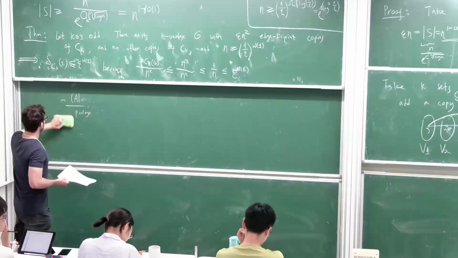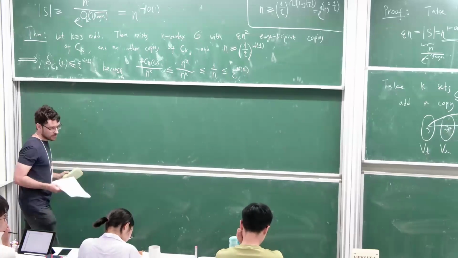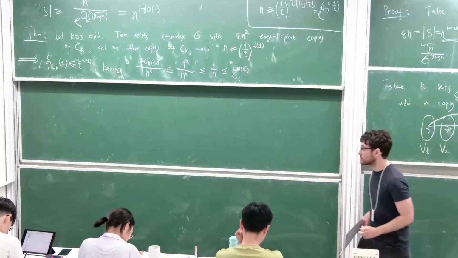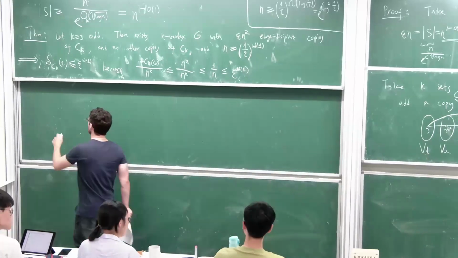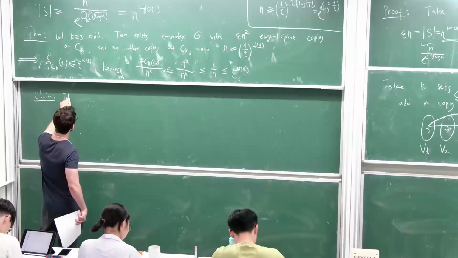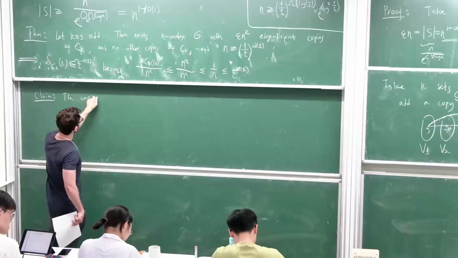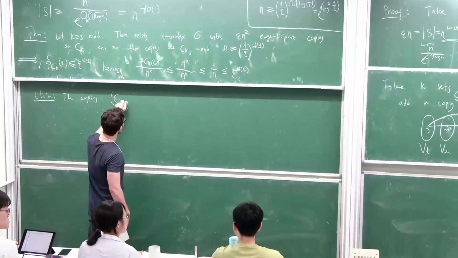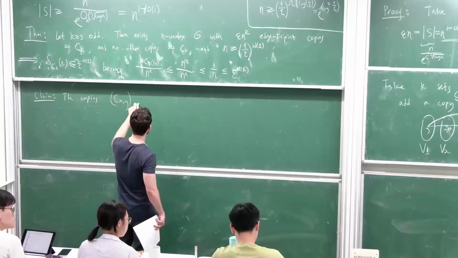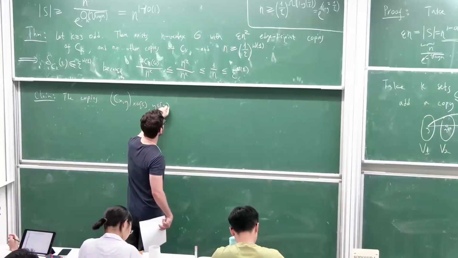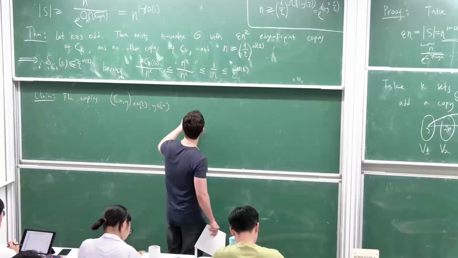I'm going to say that these copies are actually disjoint. So the copies C of x,y over all x in S, y in [n] are actually disjoint.